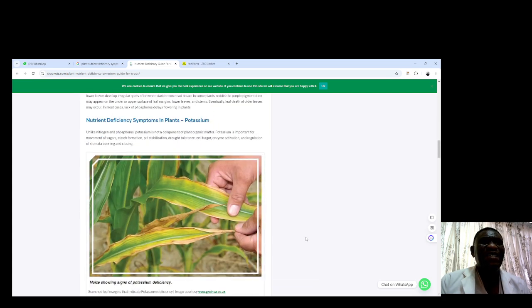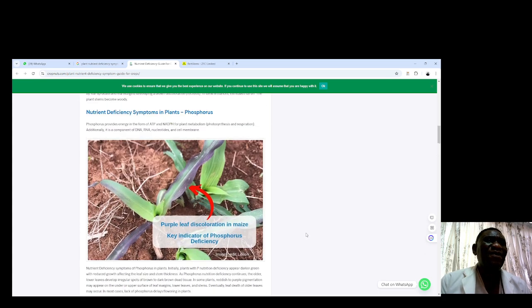It looks like nitrogen. Anyway, I'll leave it at phosphorus, because it can be using colors, you know, it's not very easy to distinguish these symptoms of all these nutrients. So I will stick with these two.